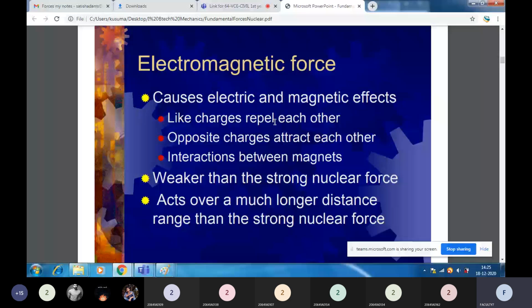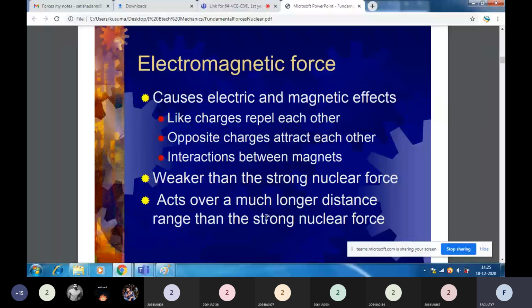Now, comparing to the previous strong nuclear force, this one is weaker. And the distances that should be considered will be very long when compared with the atoms.